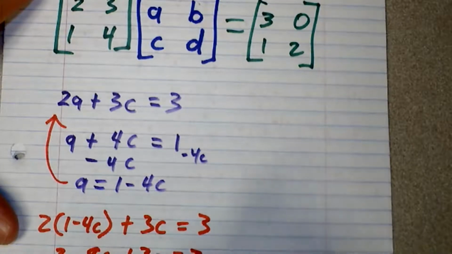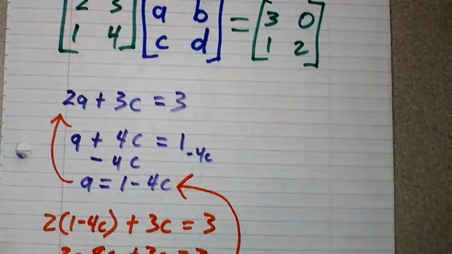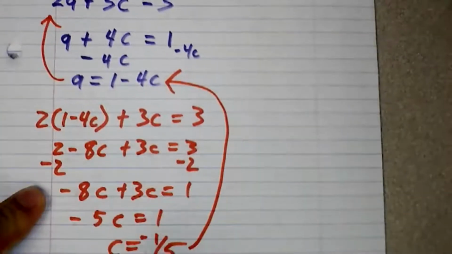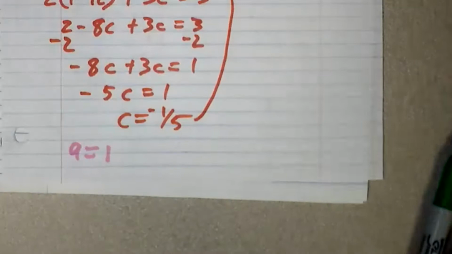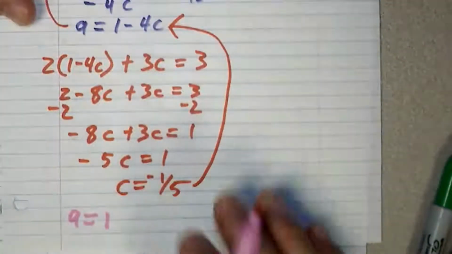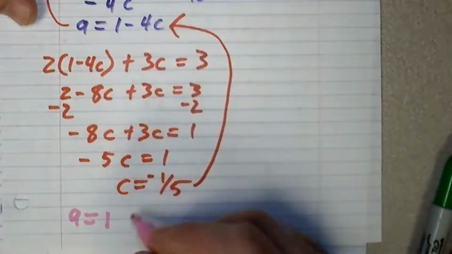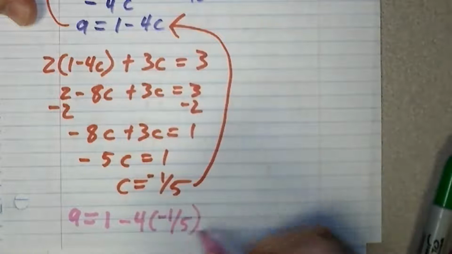Now I can take this and plug it back in up here. And I've got lots of colors. So A equals 1 minus 4 times negative 1/5.